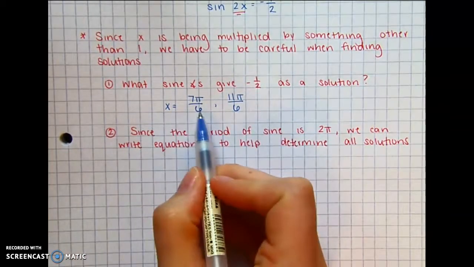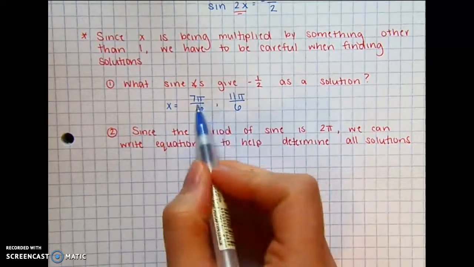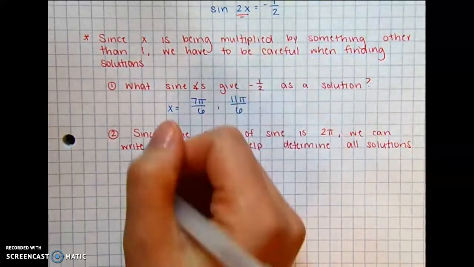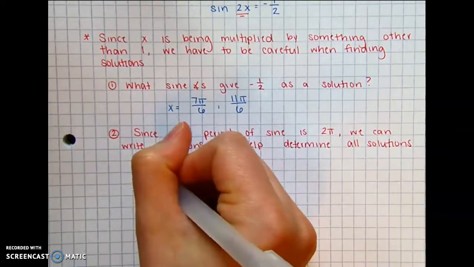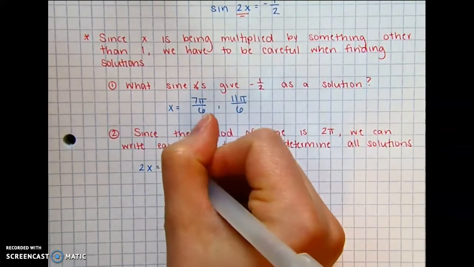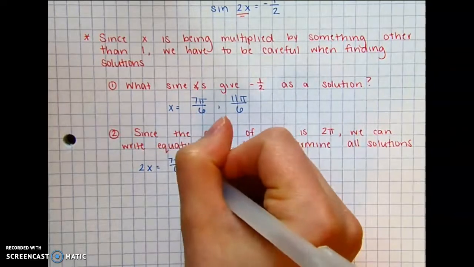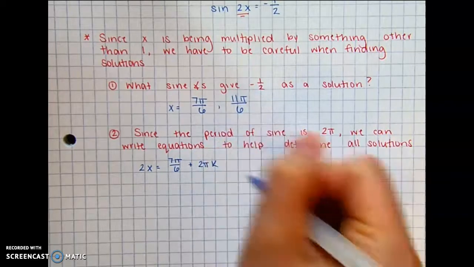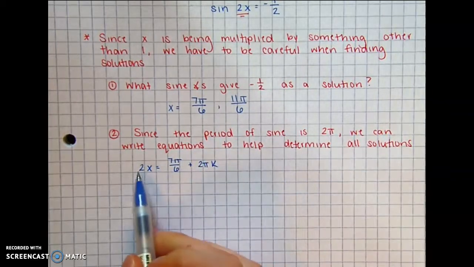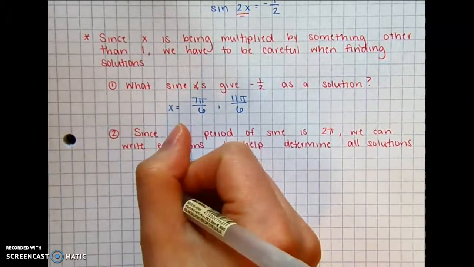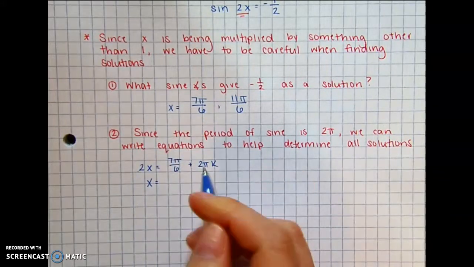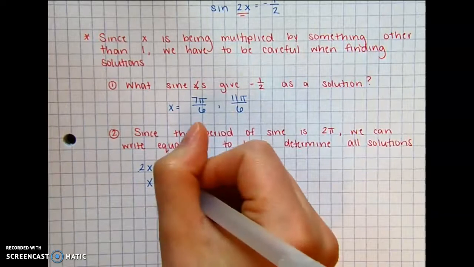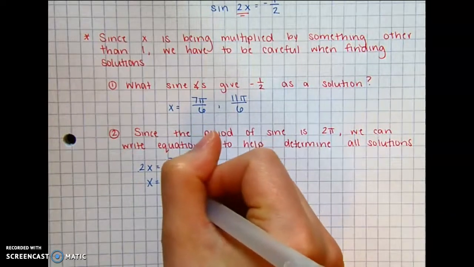Normally it would be x equals, an equation, this plus 2 pi. But it's not x, it's 2x. So we're going to write an equation, 2x equals 7 pi over 6 plus, and normally it's 2 pi k, right? So we're going to divide everything by 2. 7 pi over 6 divided by 2, or times 1/2, will be 7 pi over 12.